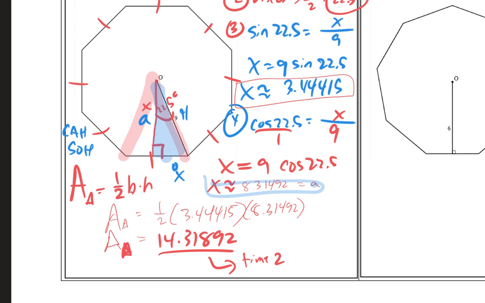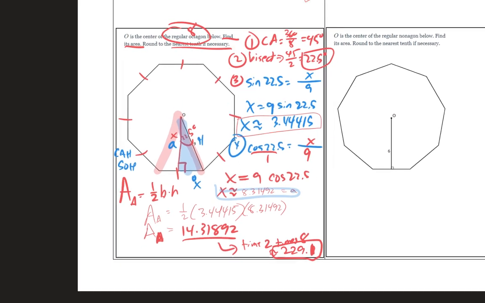Then I'm going to multiply that times 8 sides. So if I did that, that would give me approximately 229.1.